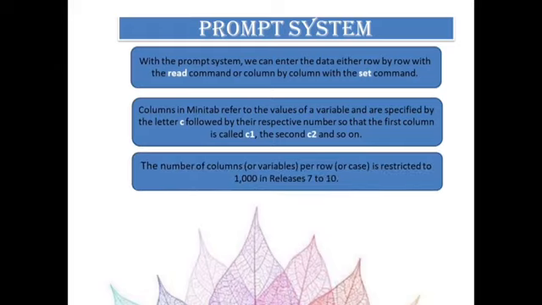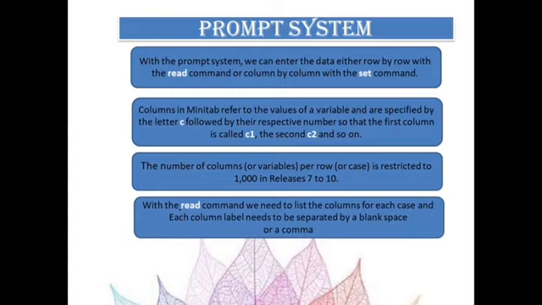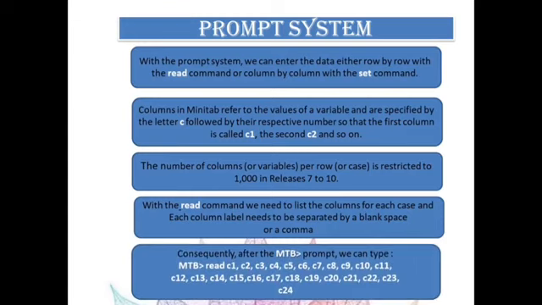The number of columns or variables per row or case is restricted to 1000 in releases 7 to 10. With the read command, we need to list the columns for each case, and each column label needs to be separated by a blank space or comma. Consequently, after the MTB prompt, we can type as follows.